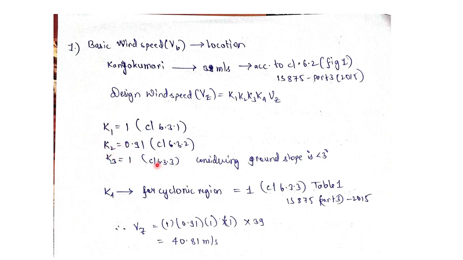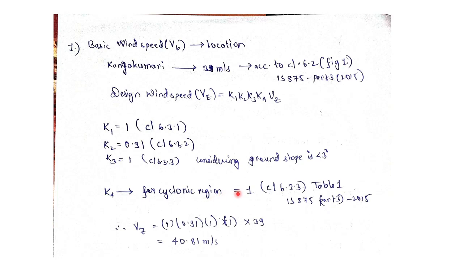Why is it the same? You can go to these clauses and check, and you will understand. Only the difference will come in K4 according to the location. K4 is nothing but a factor for cyclonic region, so the cyclonic region will depend upon the location which is allotted to you.